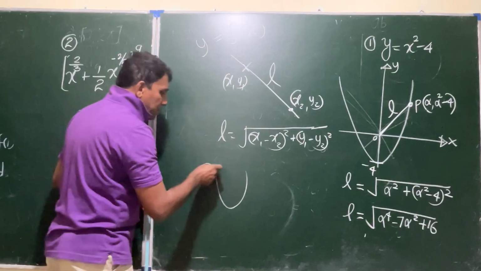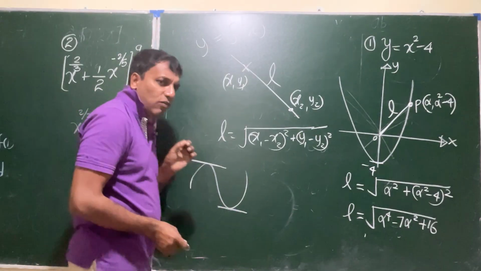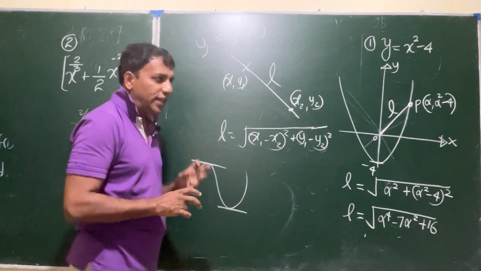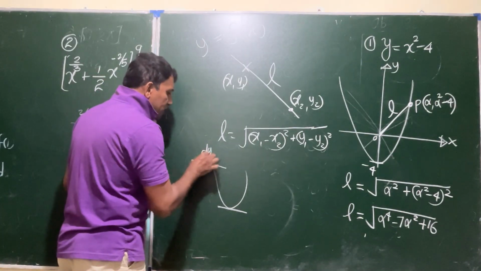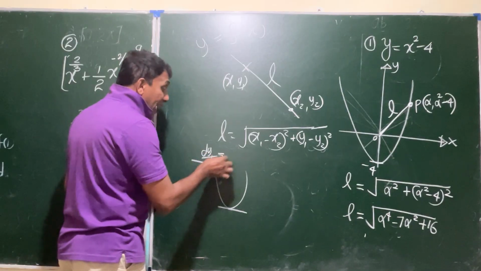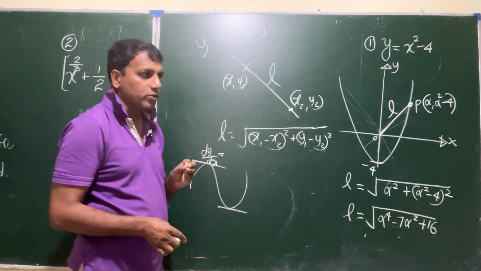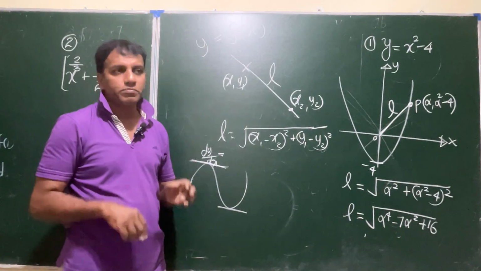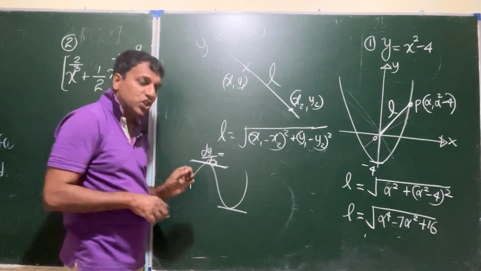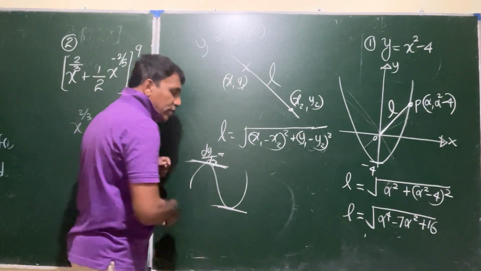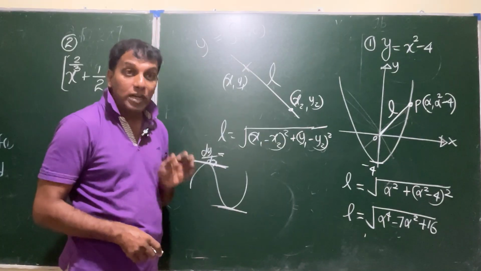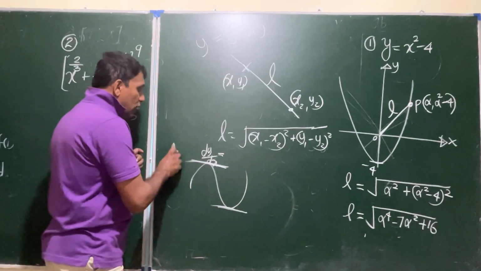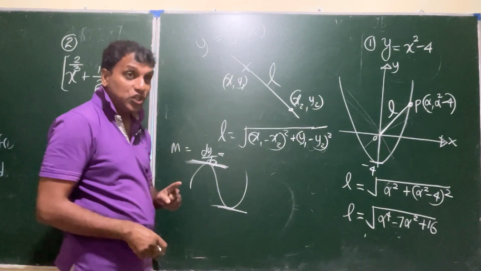The geometric explanation is that dy over dx means tan theta, or the tangent of a curve, the slope or gradient of the tangent of the curve. dy over dx means gradient. Here dy over dx is m, the gradient of the tangent to the curve, right?